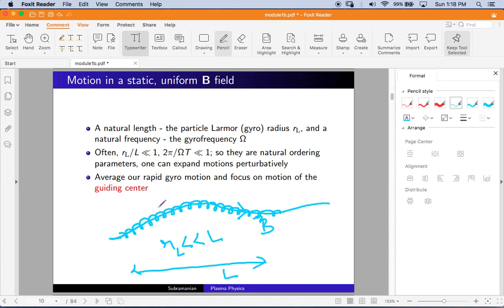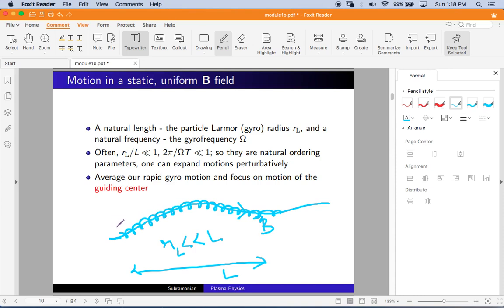And what's more, if we're only looking at large time scales, so that the gyro frequency is very fast, like I'm taking long exposure photographs, suppose, then I don't really need to worry about this gyro motion.